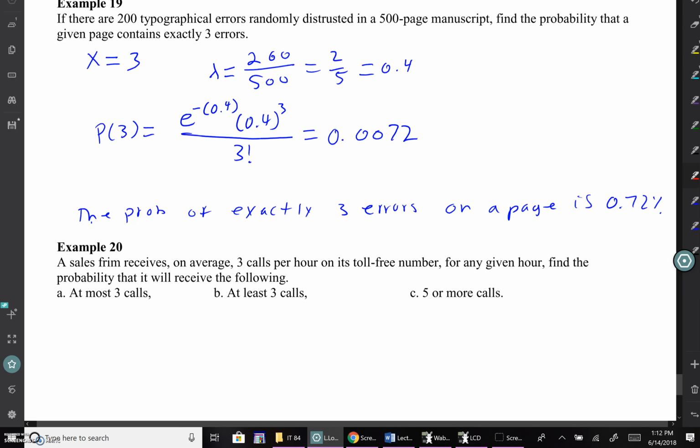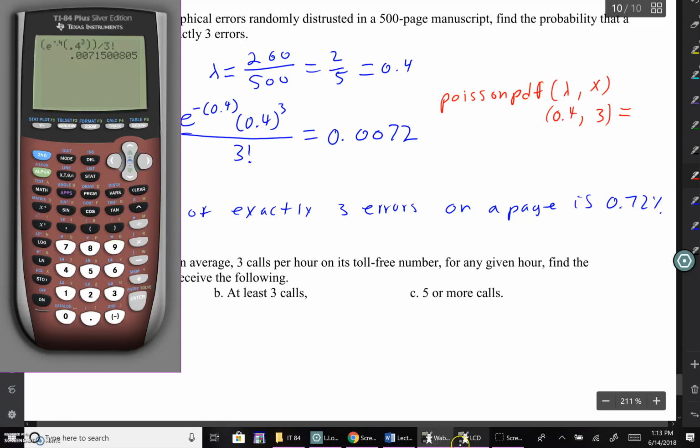The only difference is you don't have an X. So we're going to use a Poisson PDF. This asks you for lambda, and then it asks you for your X. So in our case, we're going to put in 0.4, 3, because that's what we have. And we're going to see what it gives us.